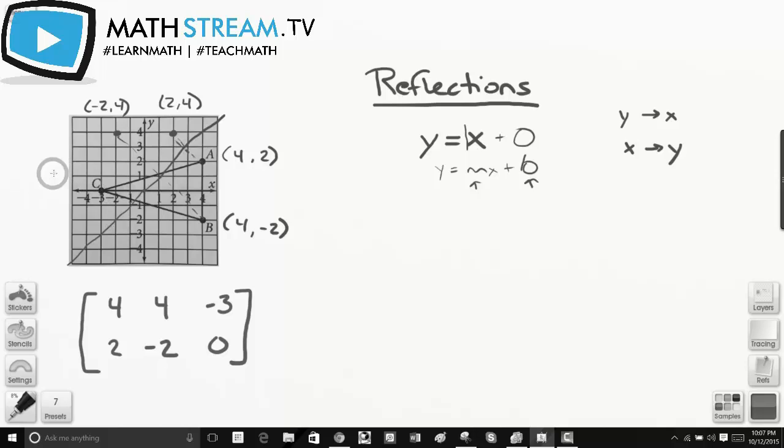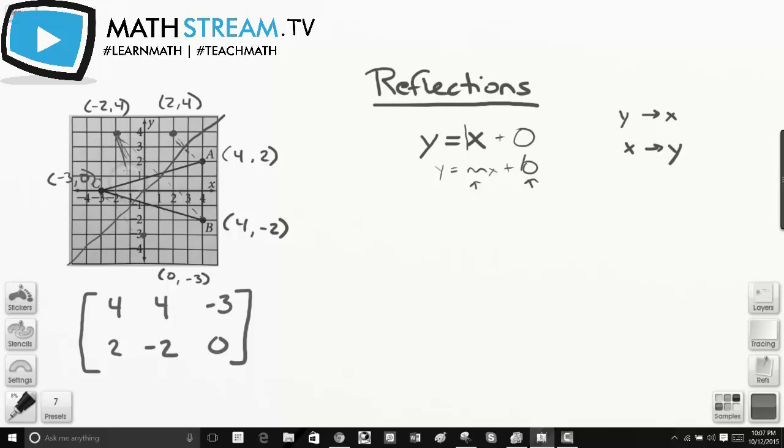And then C we know is -3, 0. So let's find the point 0, -3. And that would be right here. Again, check it out. It's a nice perfect reflection. Now let's see if I can connect all these red dots, which are my prime points.